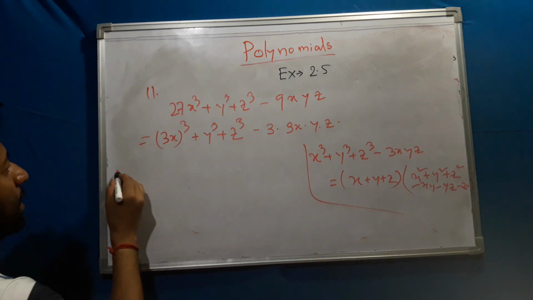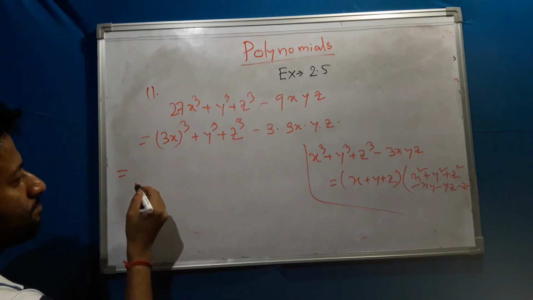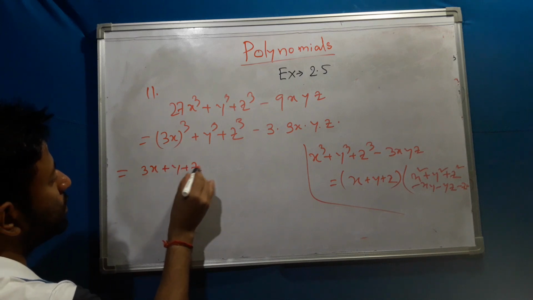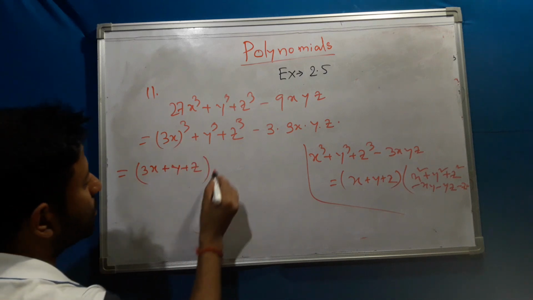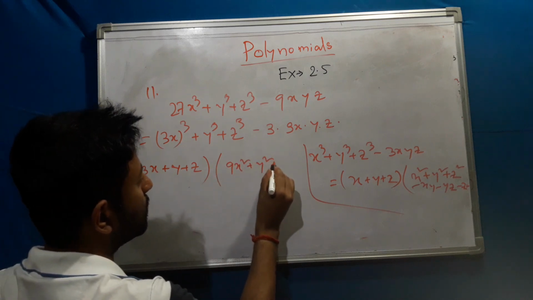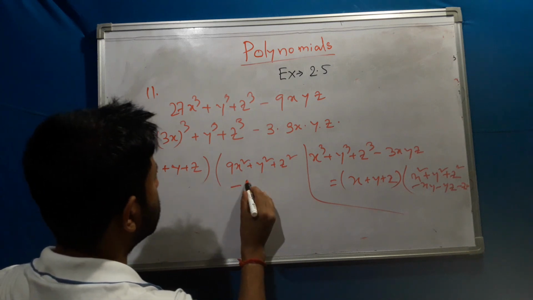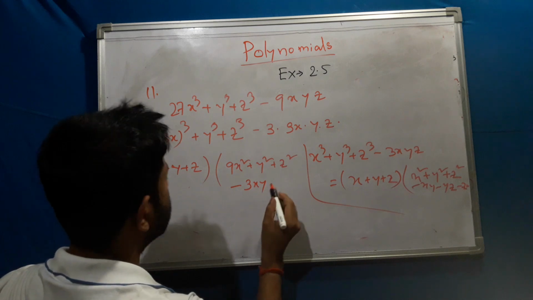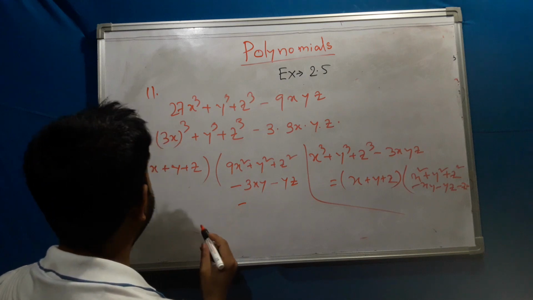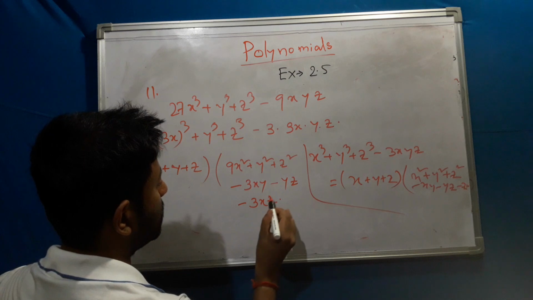So now I can write 3x plus y plus z into x square, so x square means 3x square, that is 9x square, plus y square plus z square minus xy, so xy means 3xy, minus yz, yz will be yz, minus zx, zx will be 3xz.